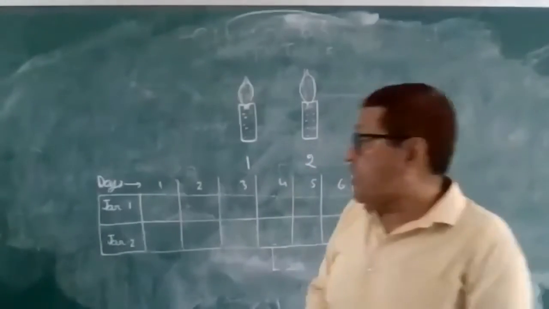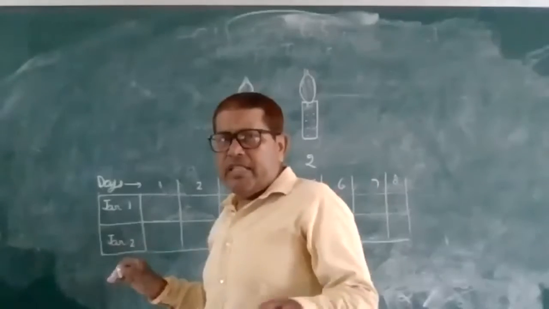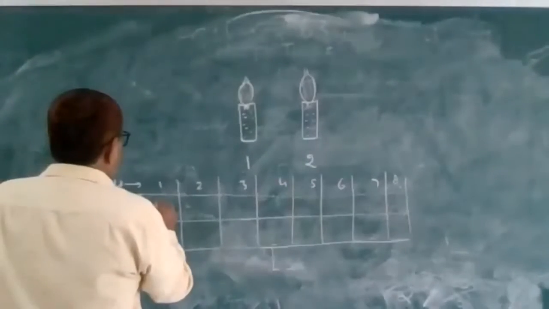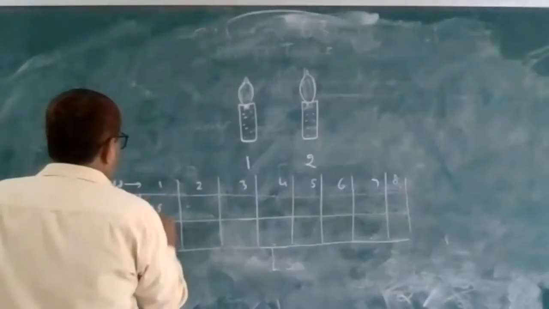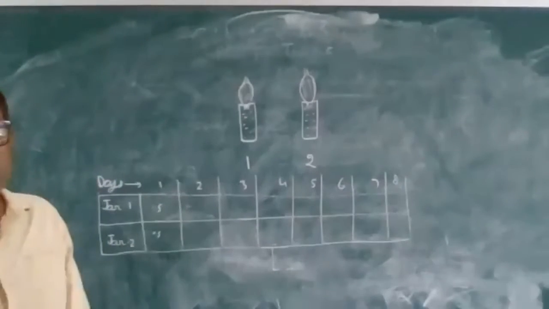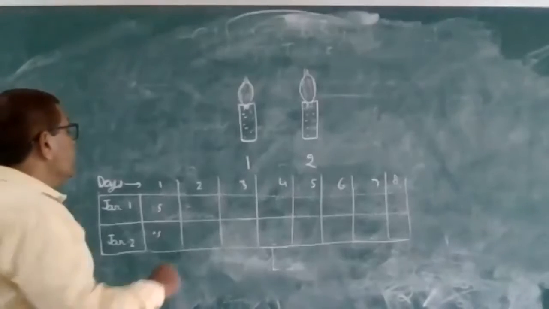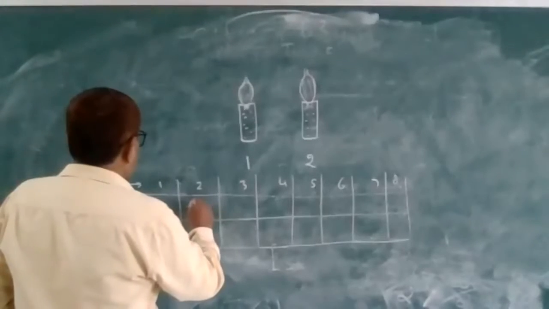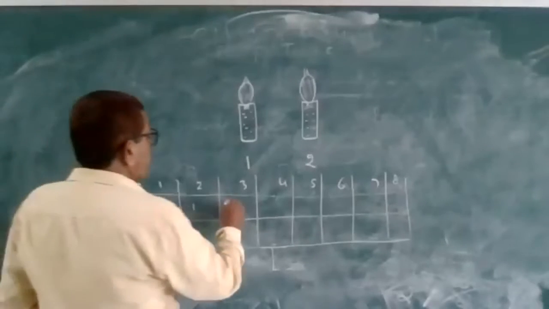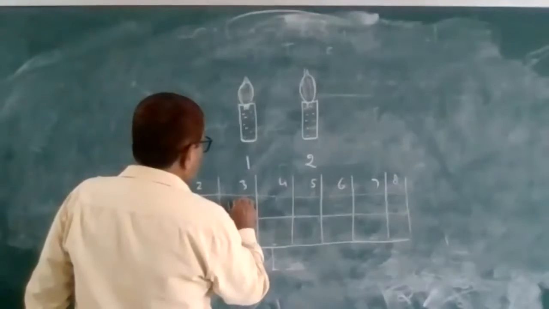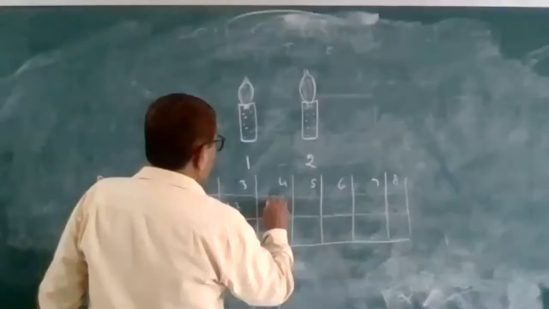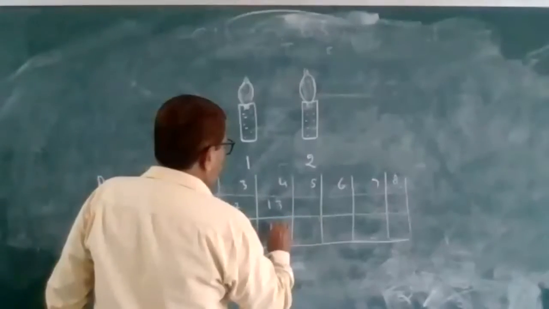Suppose first day you can see a very little amount. Suppose this is 0.5. In both the cases, you find 0.5 mm. And then this is 1 in both, and 1.2, and here 1.3, 1.3.